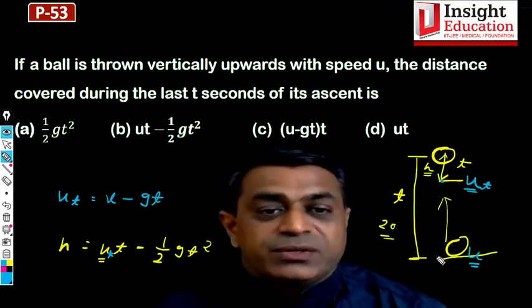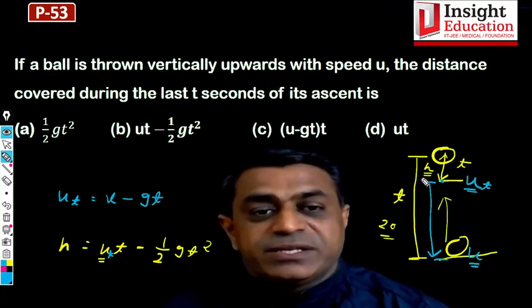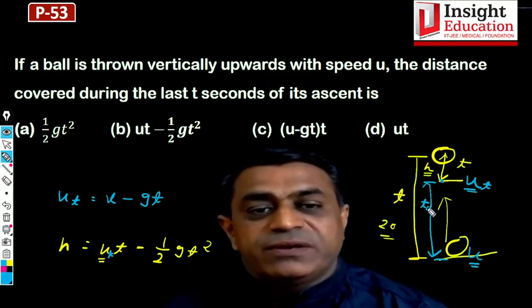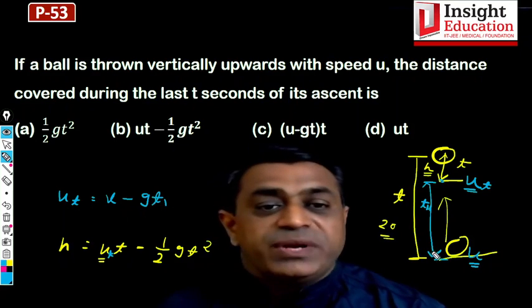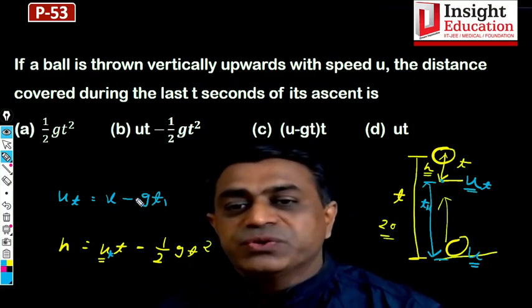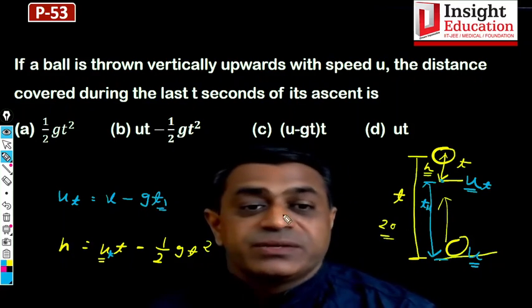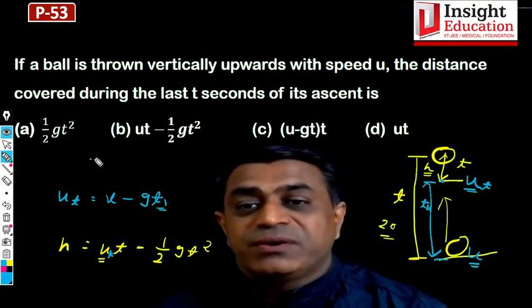Or I can say to reach this height, time required is called t1. So u minus g t1. Now t1 is not given. So how can you find out t1?